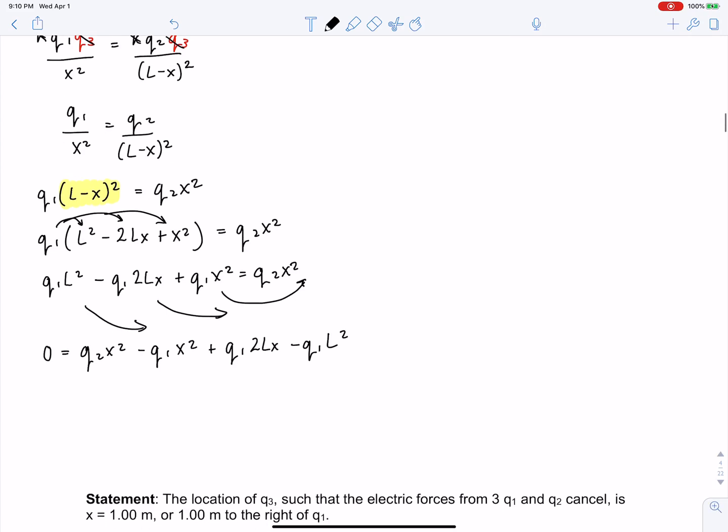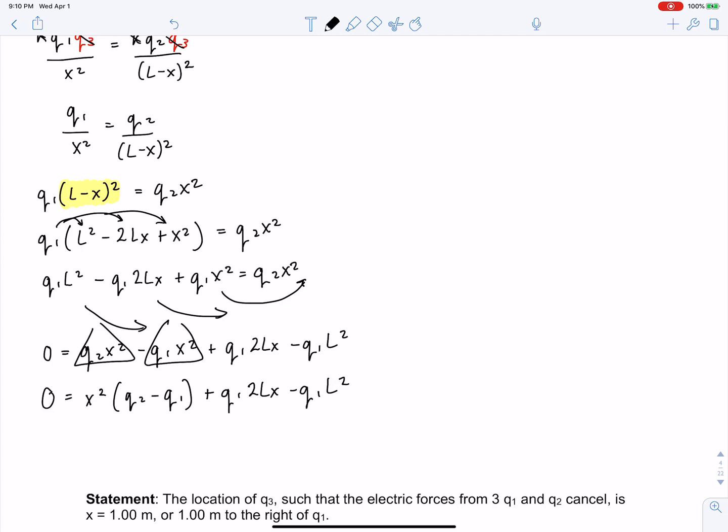Okay, now these two terms are both x squared terms, so we're going to factor the x squared. We have Q2 minus Q1 plus Q1 2LX minus Q1 L squared.